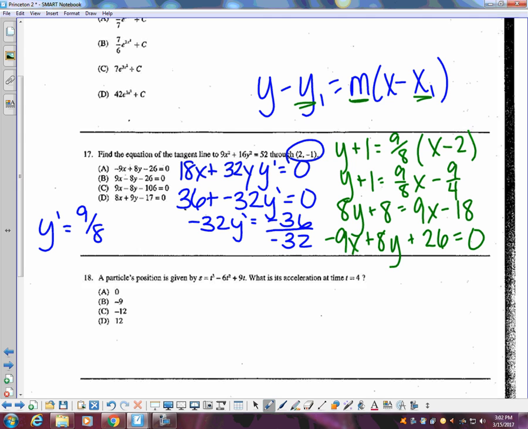Negative 9 in the front looks like A. But what's wrong with A? A has a negative 26. I have a positive 26. So what have they done? They ran a negative through. So I need a positive 9x, a negative 8y, and a negative 26. There you go. That's just them being little turds about how they want their answer. That's it. That's all that is.